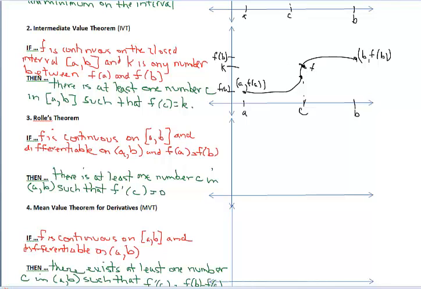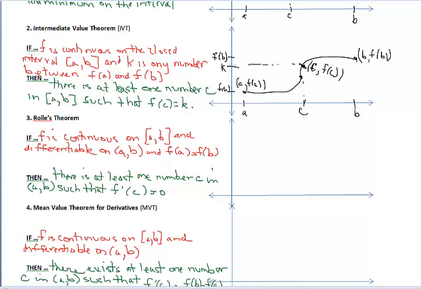Let me try and label this again. I'm going to make this a c, comma, f of c. But as you can see, this f of c y value would be equal to this k right here.